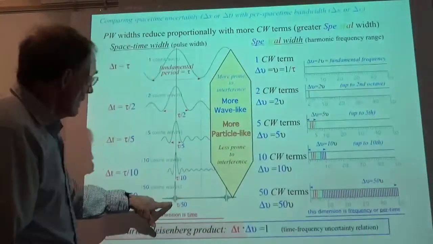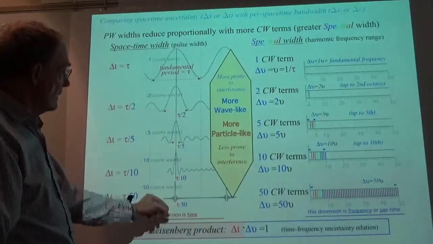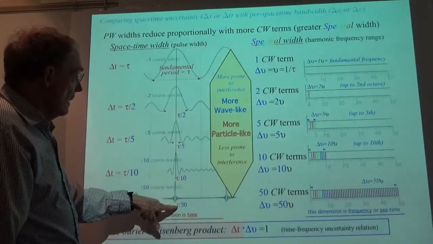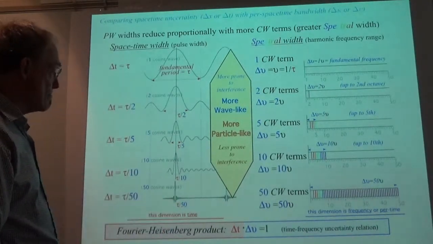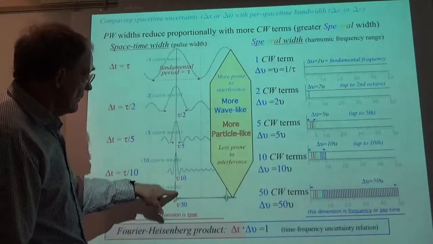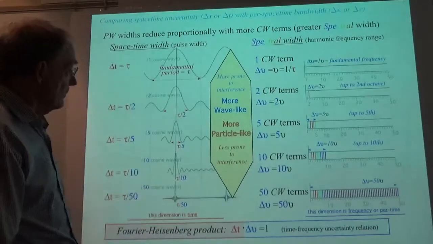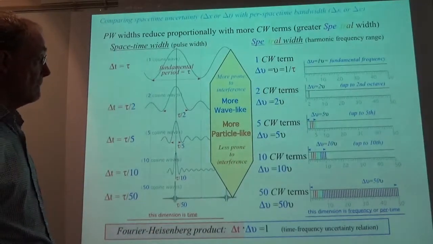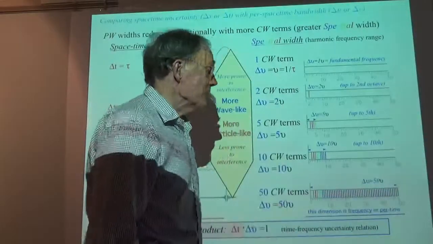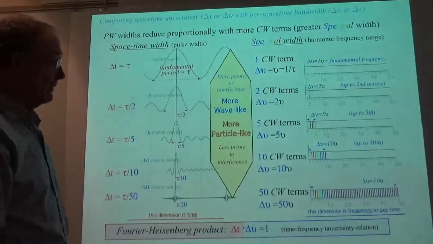By 50, wow, you see, little tiny width there, which we're going to calculate later on, tau over 50. Okay, so we've divided this period up into 50 pieces, and only that region right there is appreciably non-zero. Whereas out in bandwidth, wow, we've got a lot of components there, 50 of them to be exact.